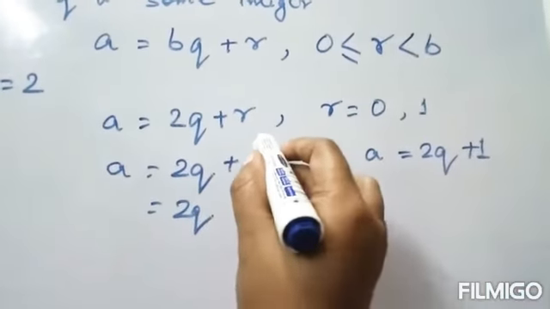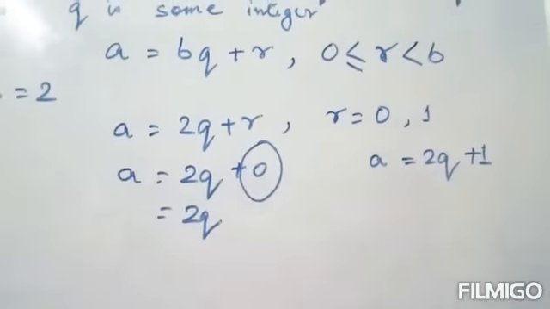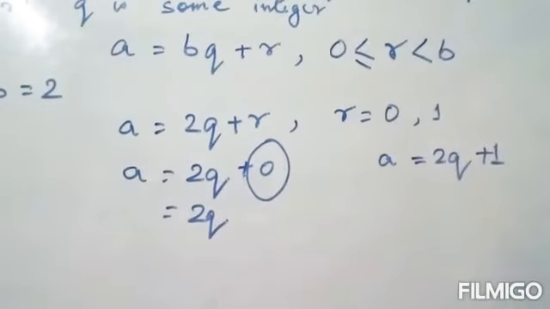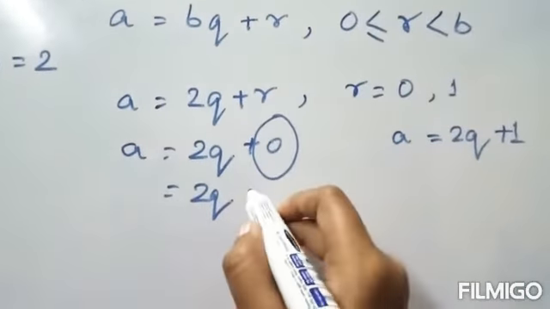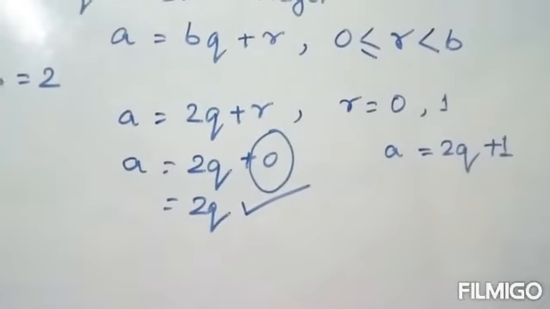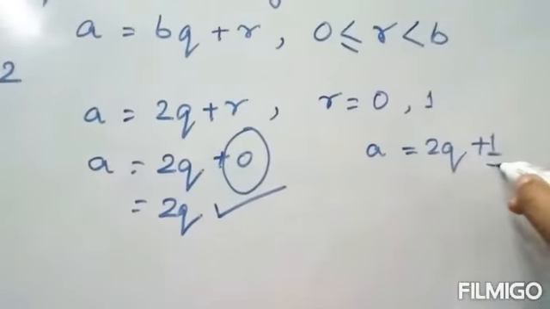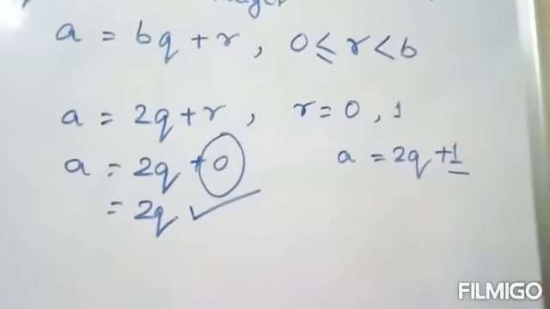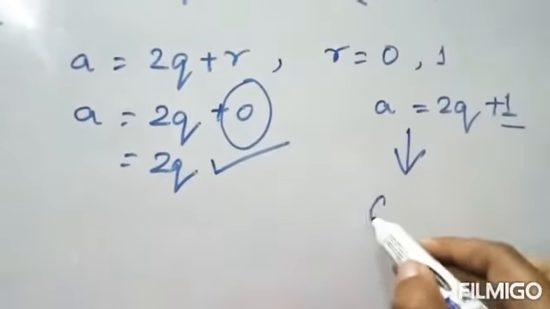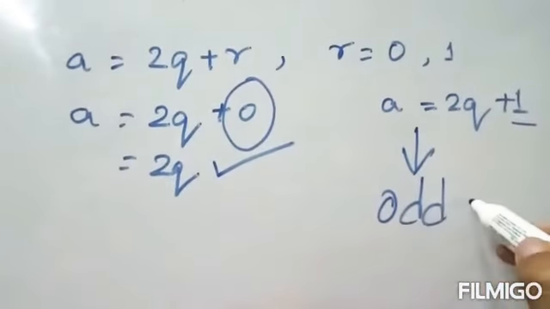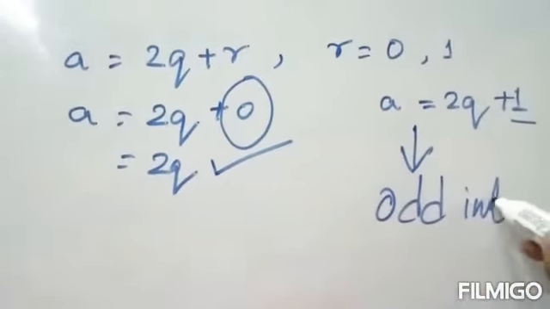If the remainder is 0, it is a perfect division, so this is an even integer. And if there is a remainder, it's not a perfect division, which means it is an odd integer, right?